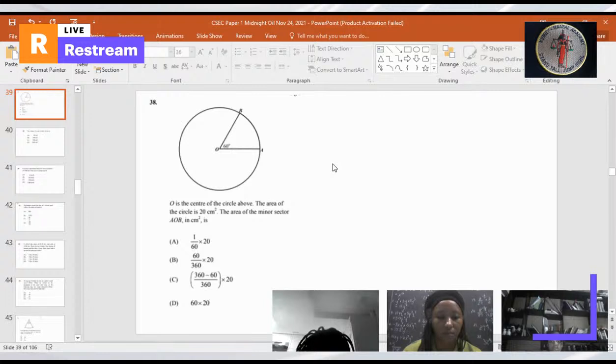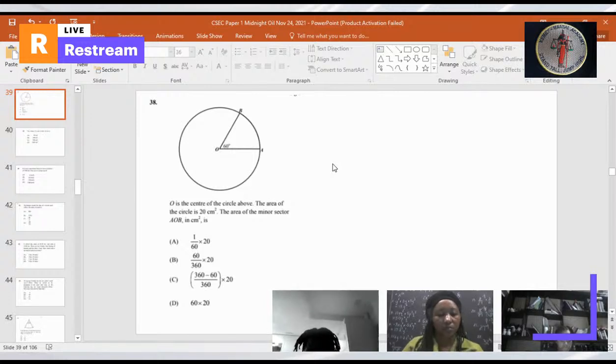So that would be... Looking at the diagram, that sector is 60 degrees. So we're trying to find the area of a sector, which is a minor sector.